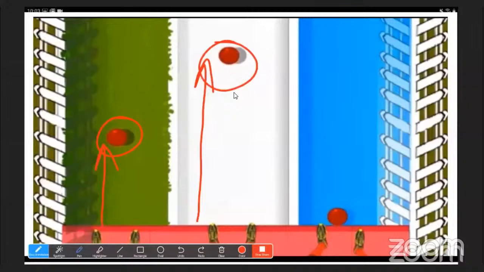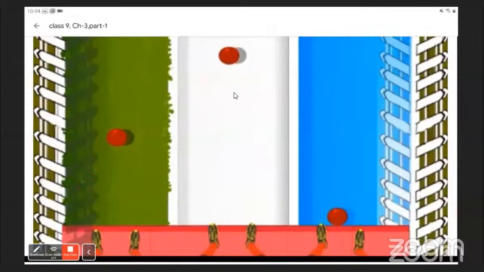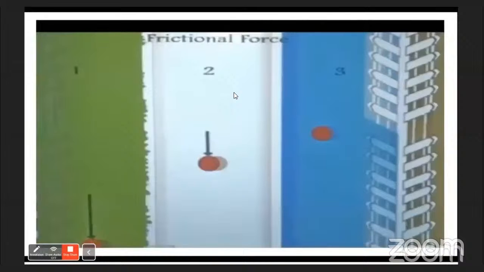This force is known as frictional force. Frictional force opposes the motion of the object.